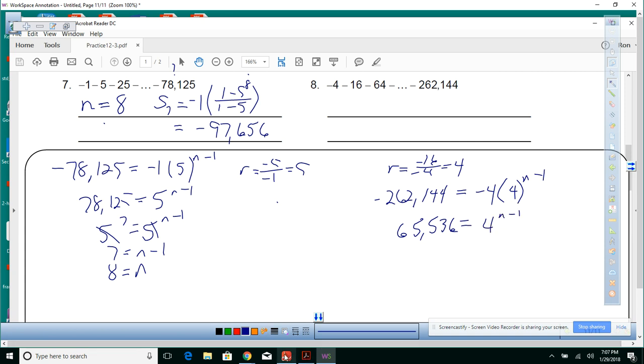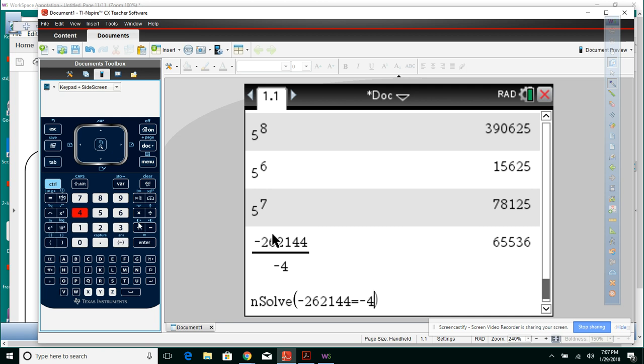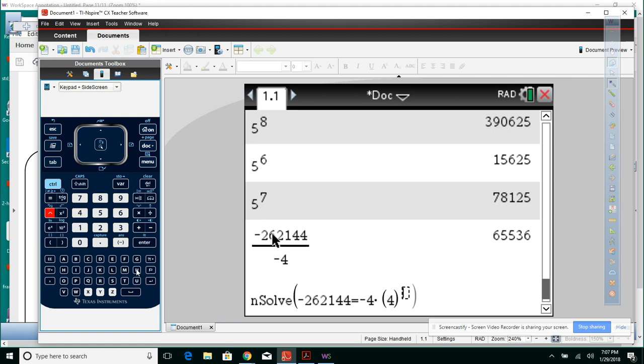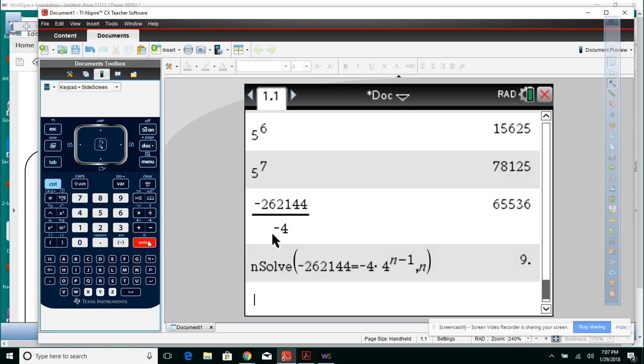Now, I'm going to cheat a little bit. And remember this. Menu 3, 1, and then we'll just put in negative 262,144 equals negative 4 times open parentheses 4, close parentheses, caret n minus 1, and then comma n, and we got 9.